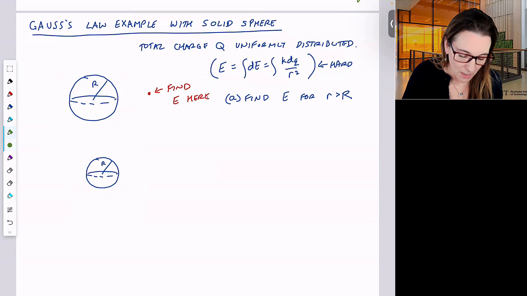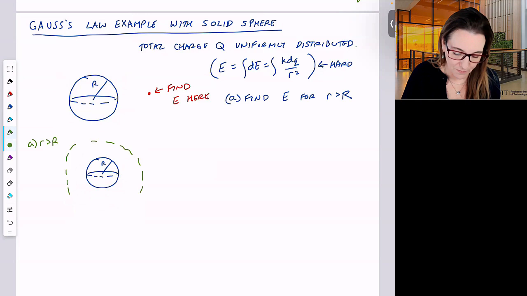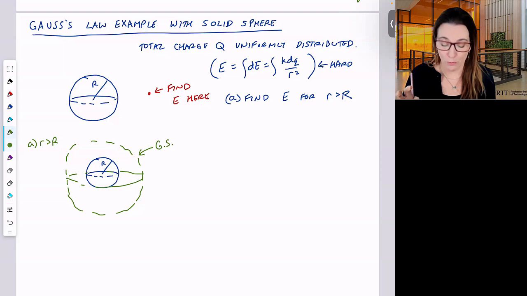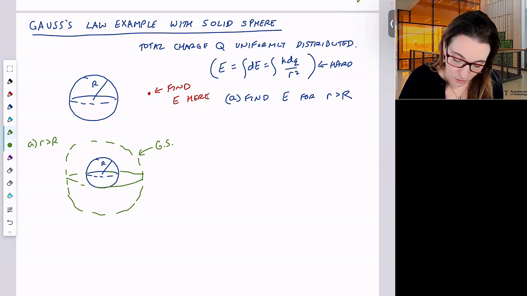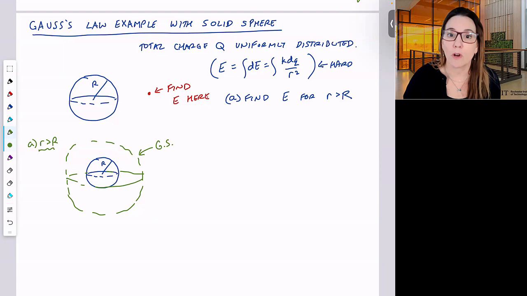And outside of it, I'm going to draw my Gaussian surface. My Gaussian surface, again, is this imaginary surface that I use so that I can talk about the flux through it. I choose it with r greater than R because that's where I'm trying to find the field in this scenario.